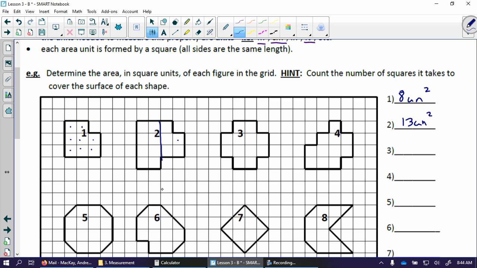The shapes get all sorts of different. 2, 4, 6, 8, 10, 12. That's going to keep popping up. 1, 2, 3, 4, 5, 6, 7, 8, 9, 10, 11 for figure 4.